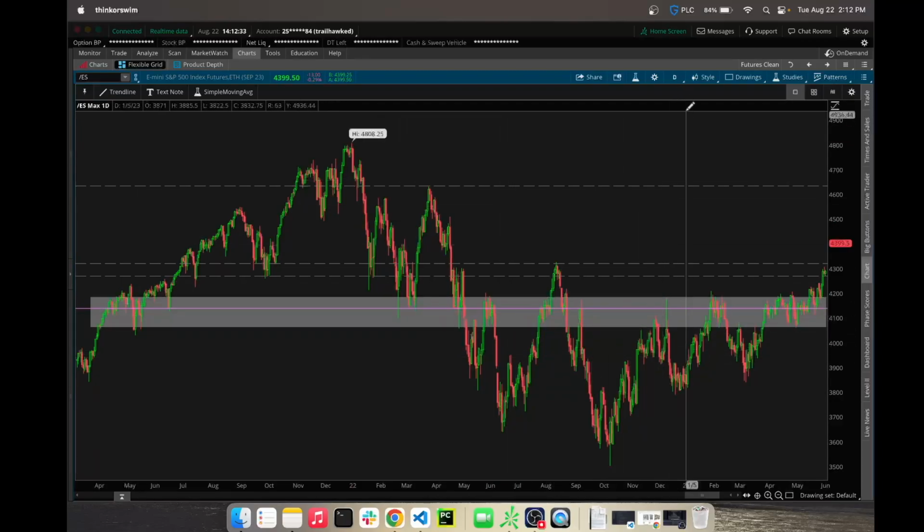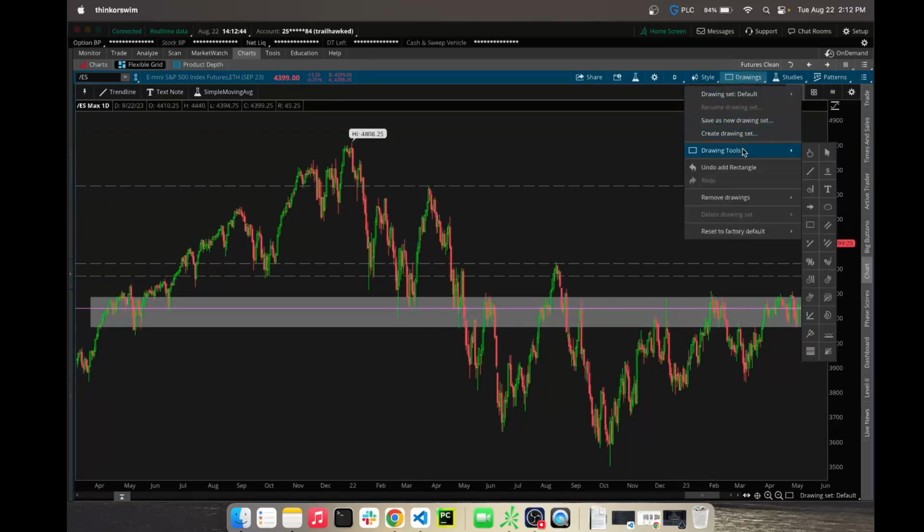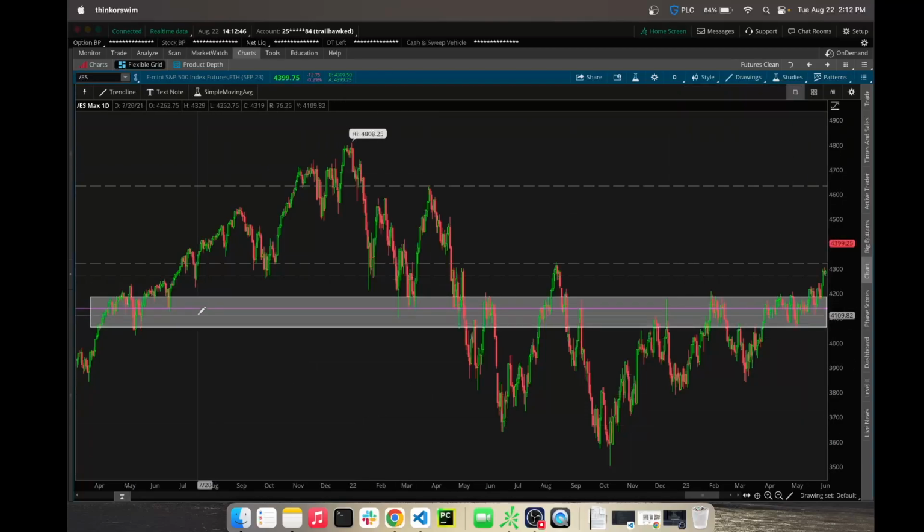Because when you think about change control, what a change control zone is really an area where you can expect the fight for control to be very aggressive. So if price is coming towards this area, you can expect one of two things at first.